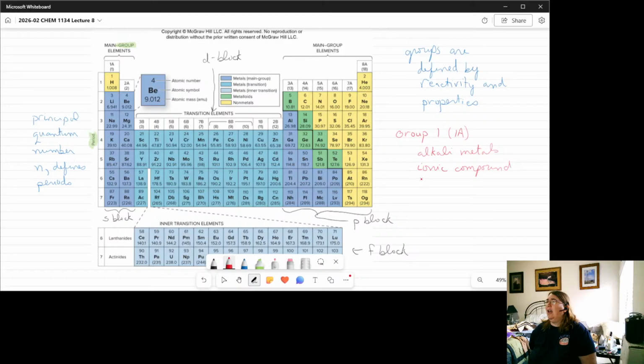And in those ionic compounds, they tend to be +1 cations.